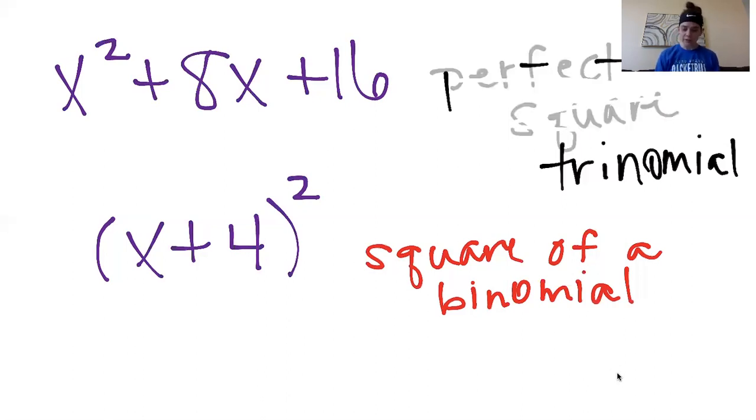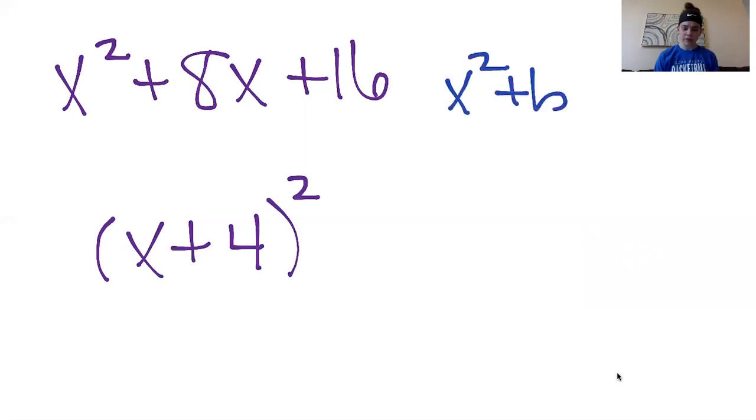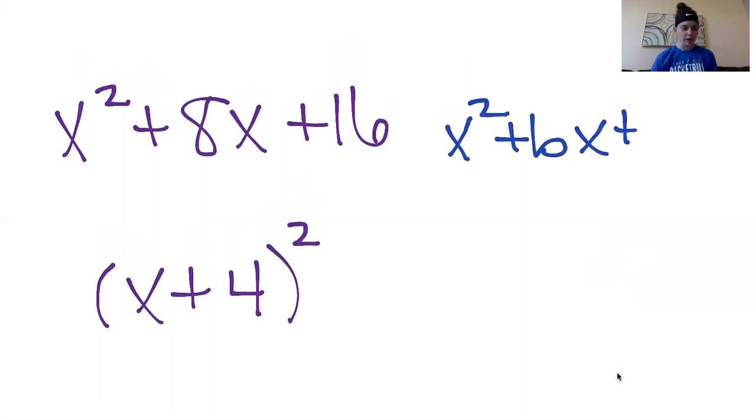So I'm going to go ahead and erase this right here. We have a pattern that anytime we have a perfect square trinomial, it is in the form of x squared plus bx plus (b over 2) quantity squared, okay?